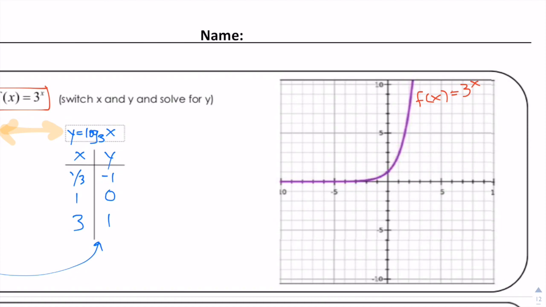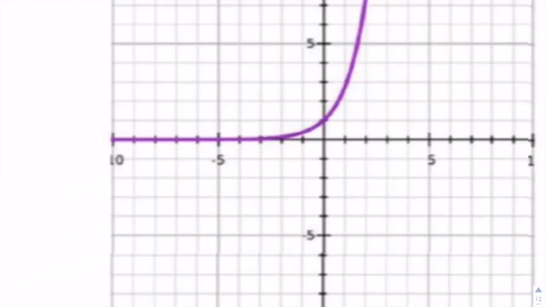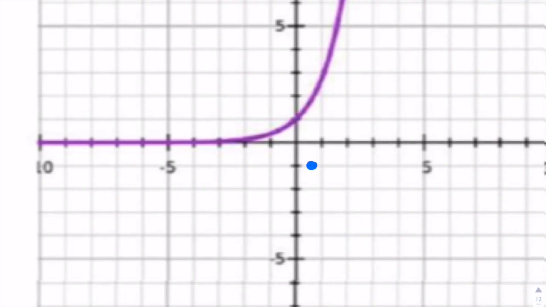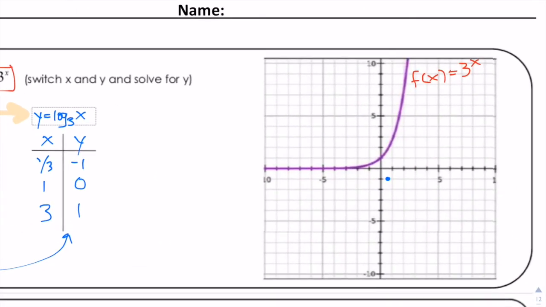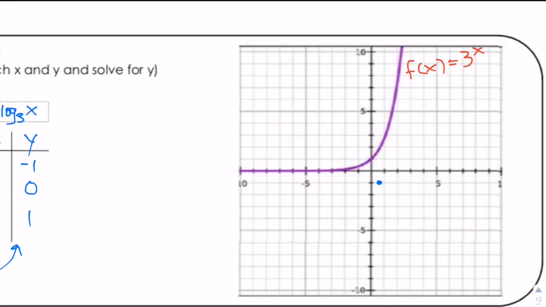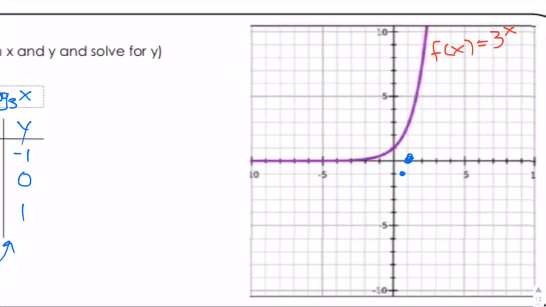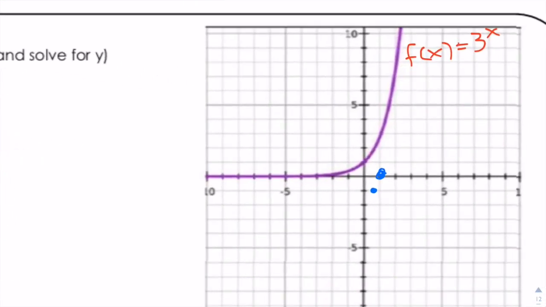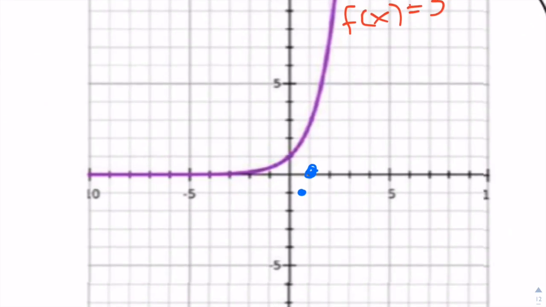Negative 1 comma 1/3, switch that. 1/3 comma negative 1, I'm sorry, is about there. 1 comma 0 is going to be right there. And 3 comma 1 is going to be 1, 2, 3 comma positive 1 there. Alright, so we have something that looks like this.